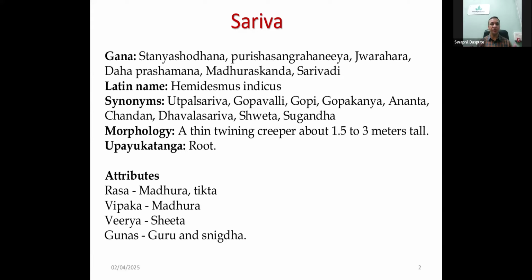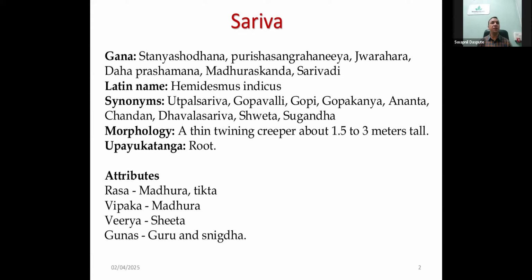Gana is a group of herbs which have like properties, similar action, or they have been categorized based on their prabhava, based on their virya, based on their action, based on their affinity towards a particular system or a particular organ. So that is basically Gana.